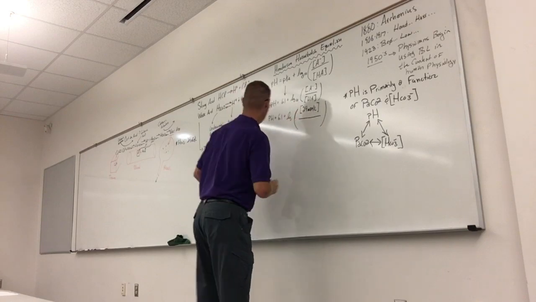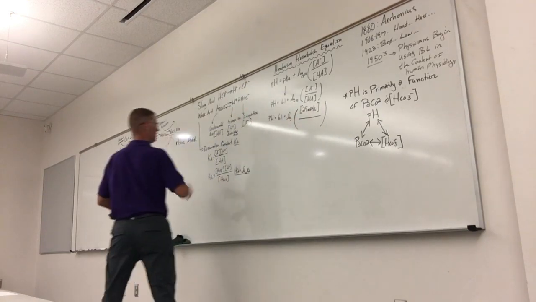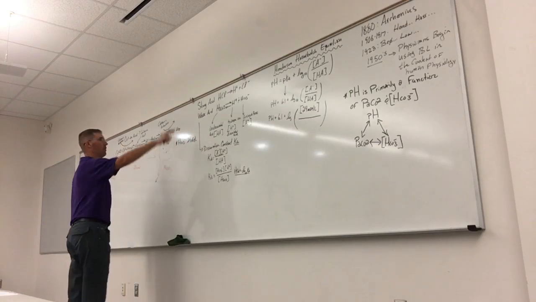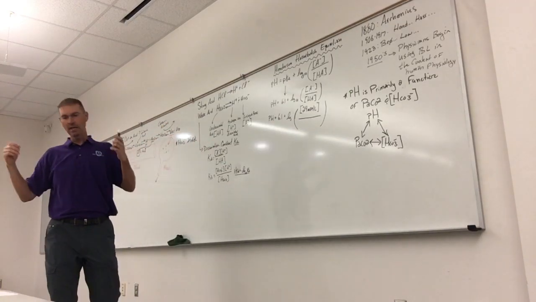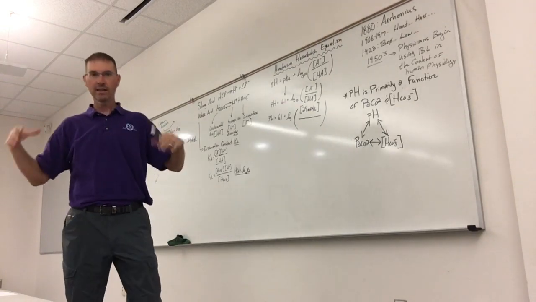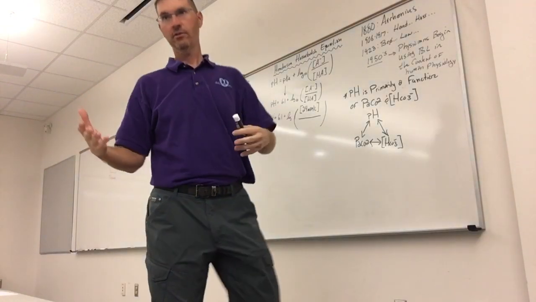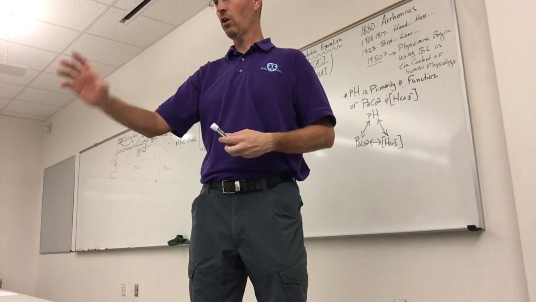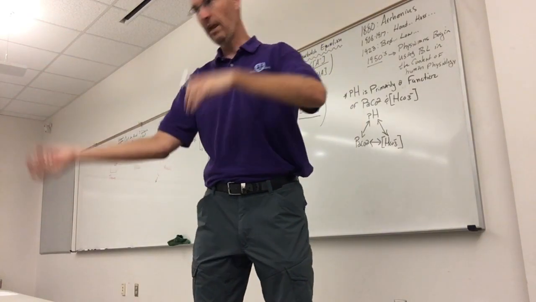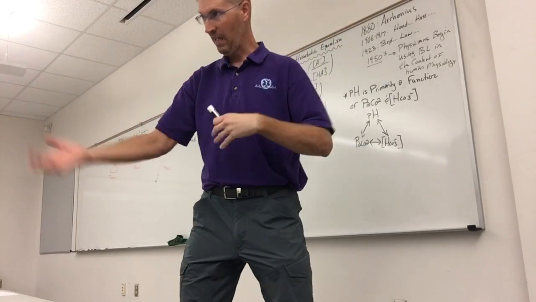HA is going to be what? It's undissociated acid, carbonic acid, and in the human body, what is a thing that we can measure that is indicative of carbonic acid levels? CO2. That's easier to measure than carbonic acid, because carbonic acid breaks down, makes up, it's really dynamic.